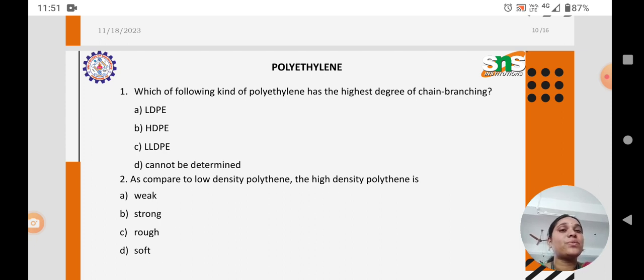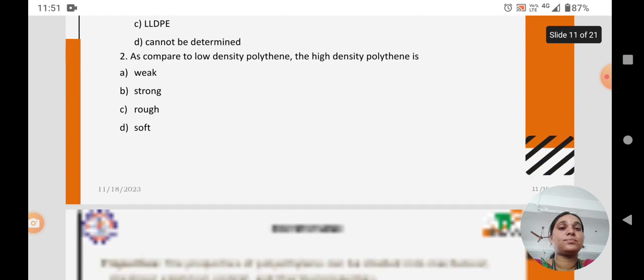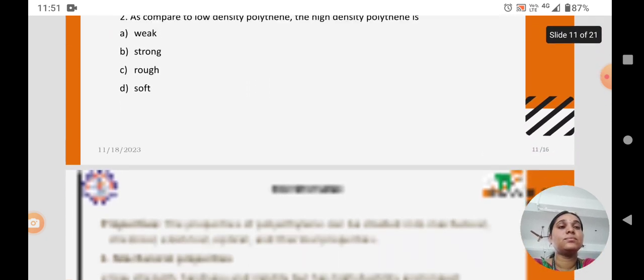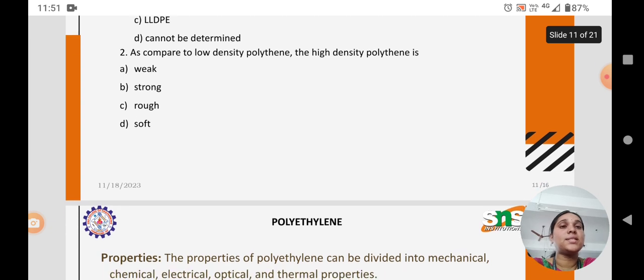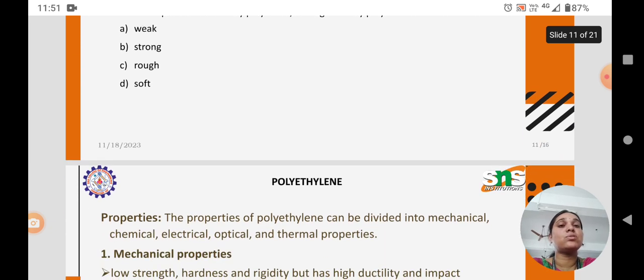Can you suggest the answers, guys? That is LDPE. As compared to low density polyethylene, high density polyethylene is strong. When compared to low density, high density polyethylene is more strong.